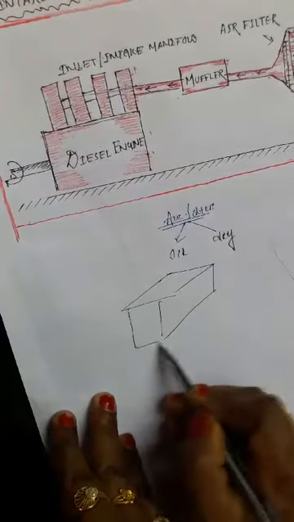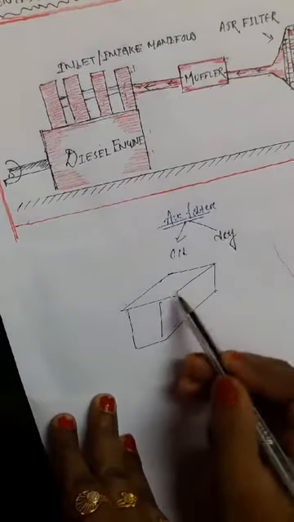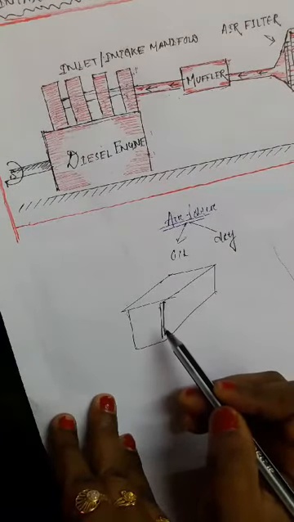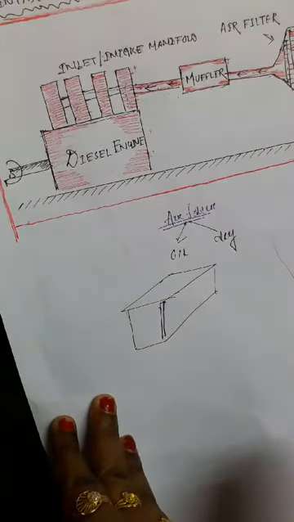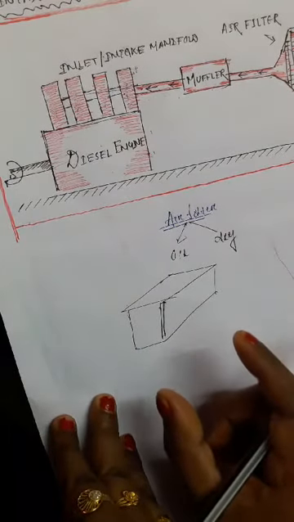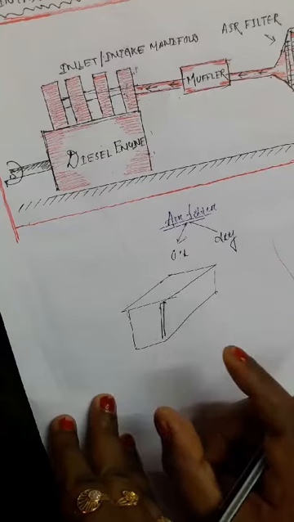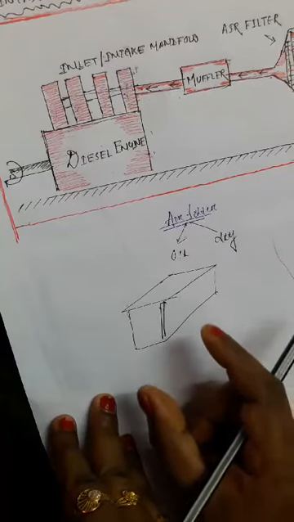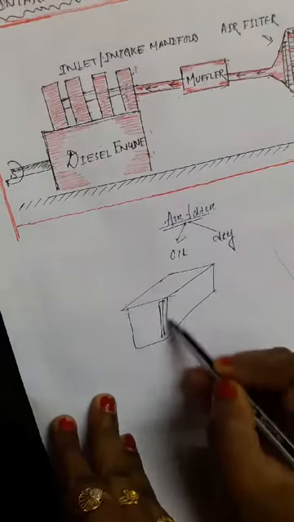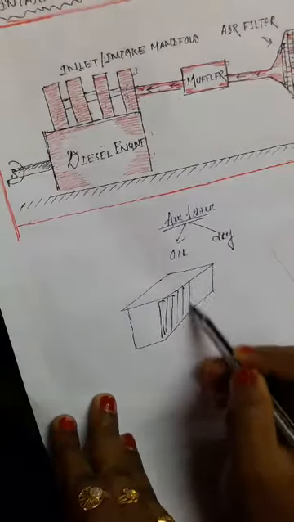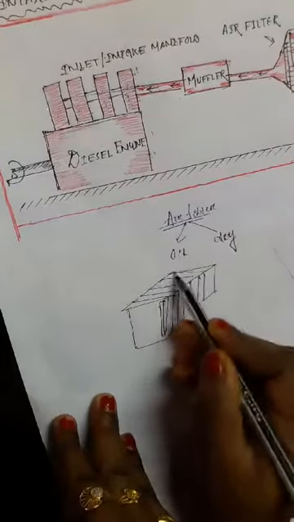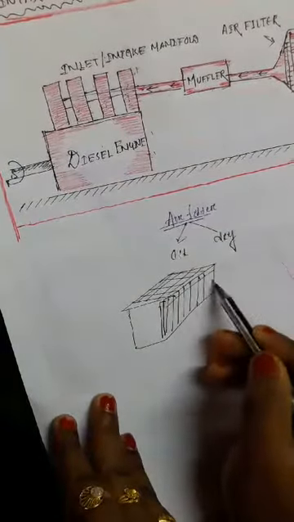It is made of a frame, or attached with a frame, which is meshed with a metal sheathing. Just see here, a metal sheathing coating is provided.